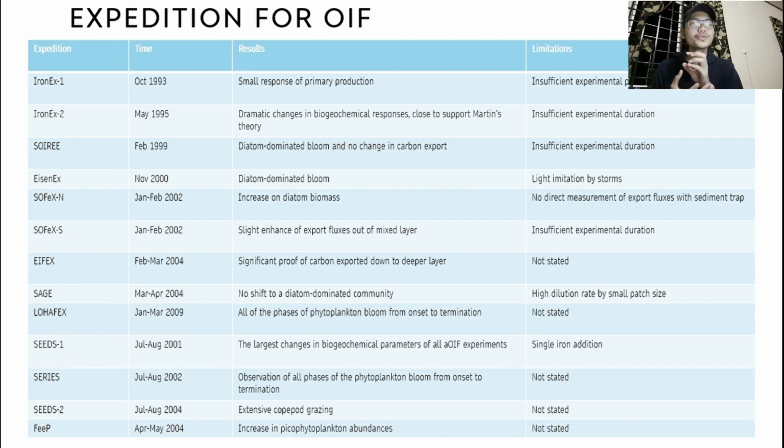It almost supports Martin's theory. But at that time, due to lack of technology, insufficient experimental duration also occurred. But we can see that more and more research has been done due to these two expeditions.